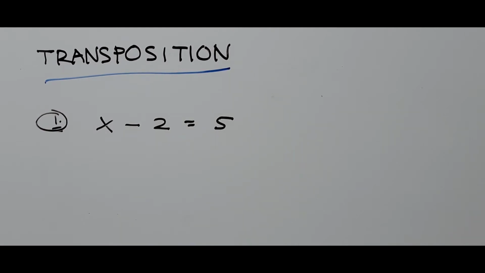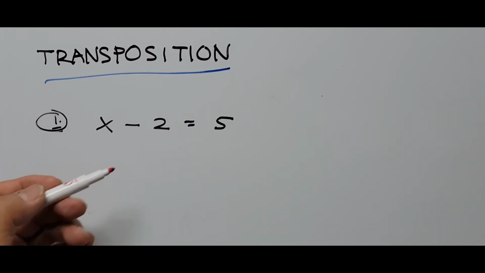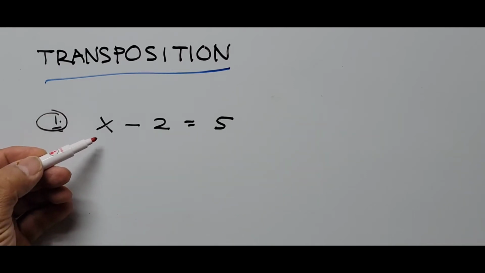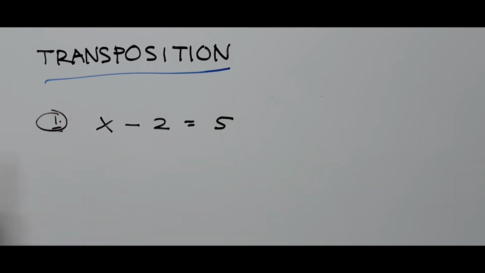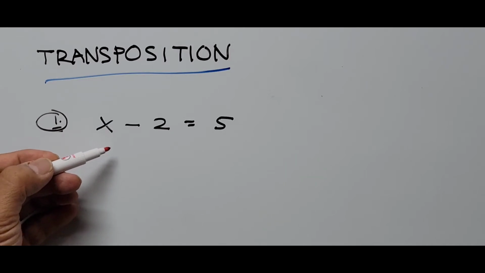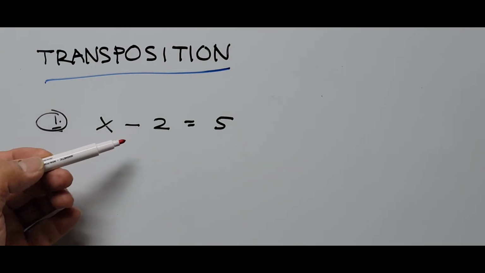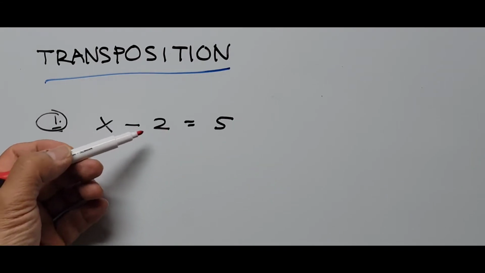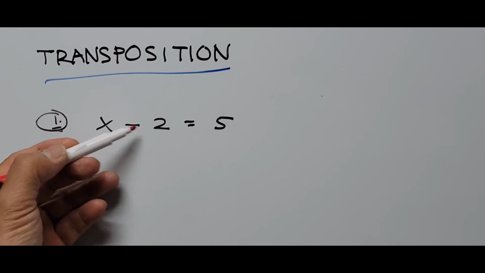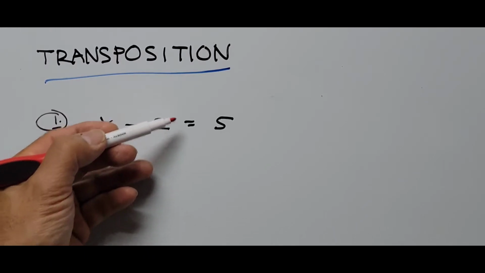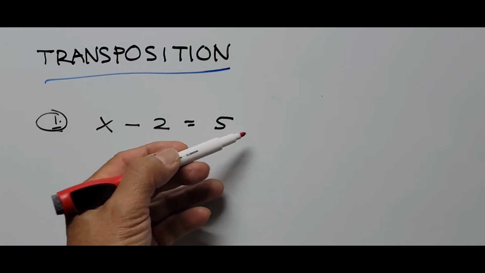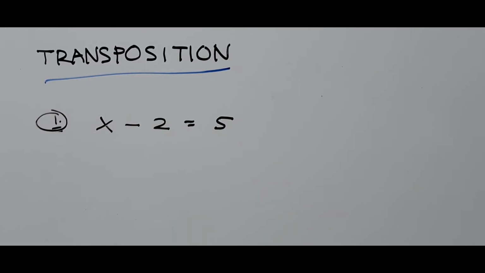With the technique of simplifying an equation, we have to eliminate the constant on this side to just isolate the variable by itself. Normally, since you have the negative 2 right there, the inverse of negative 2, you have to add plus 2 over here and add 2 again on the other side.